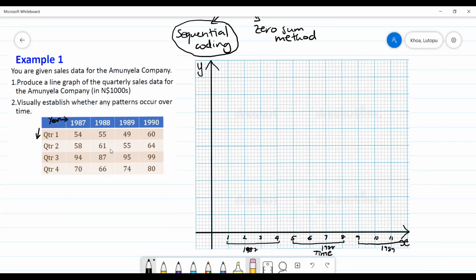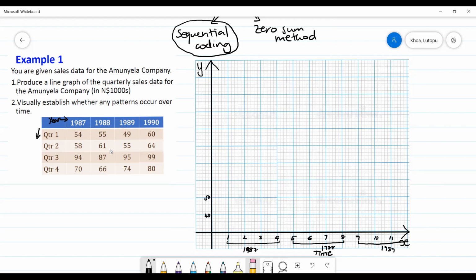Okay, now if I look at my values over here, the lowest one is 49, and the largest is, what is it, 99. Okay, so I need to maybe start here, counting in 10s.